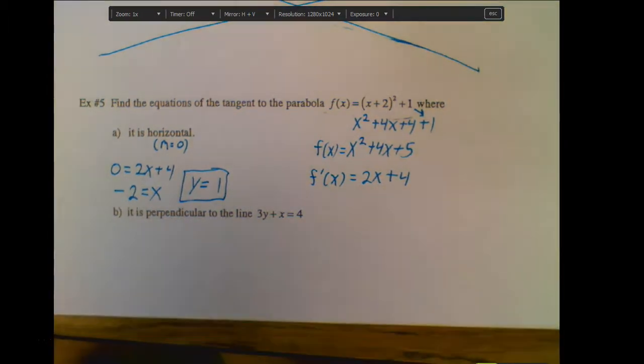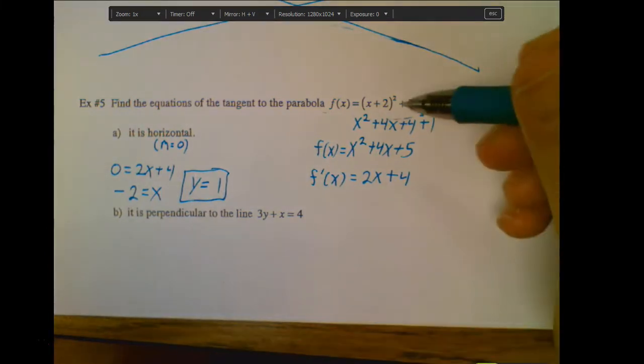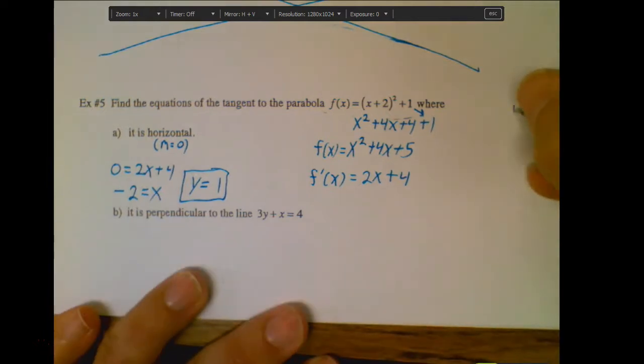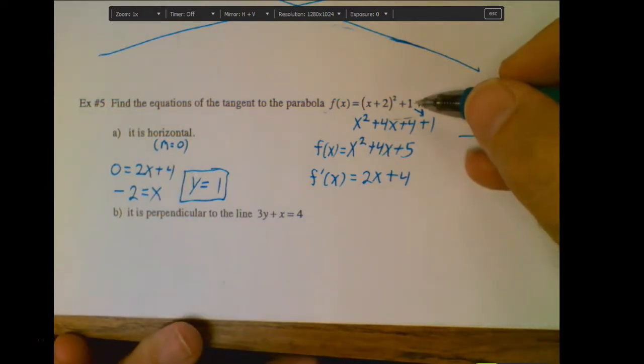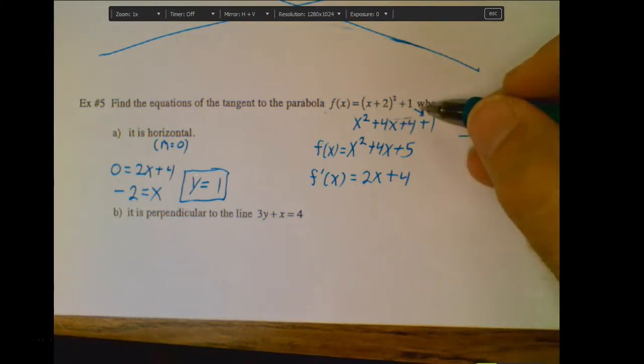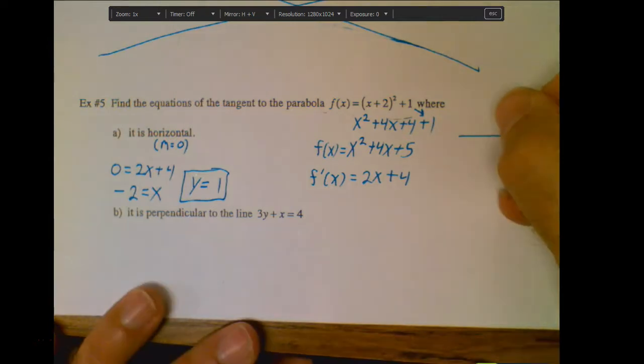You know, one way you probably could have come up with that answer even without the algebra or the calculus involved: if you think about this for a minute, something you've seen in the past is what they call turning point form. So we already know the vertex is at -2, +1, and you can graph that in a calculator to test that if you need to.